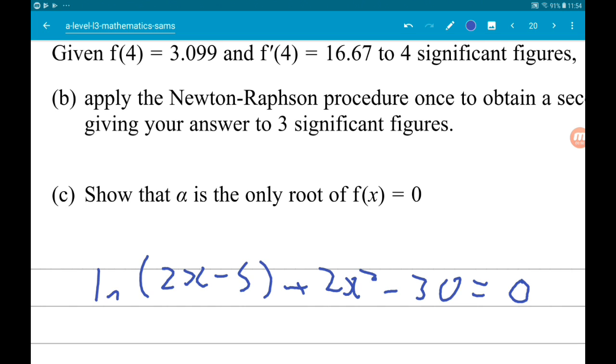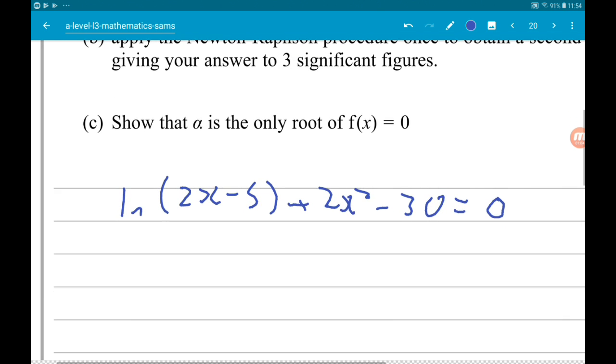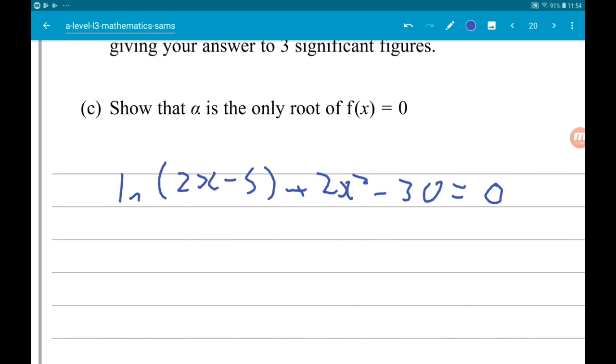The way we need to do this is by turning this into two different graphs. So we add 30, subtract 2x squared, and we're left with log of 2x minus 5 is equal to 30 minus 2x squared.